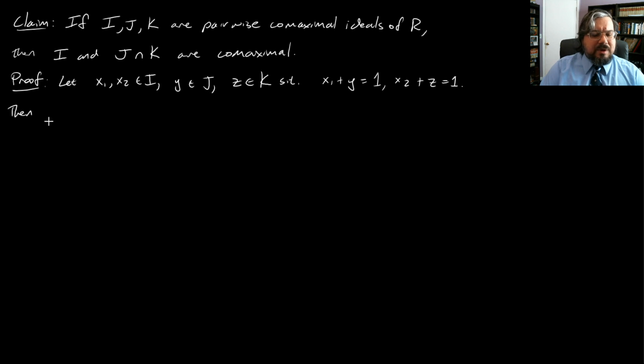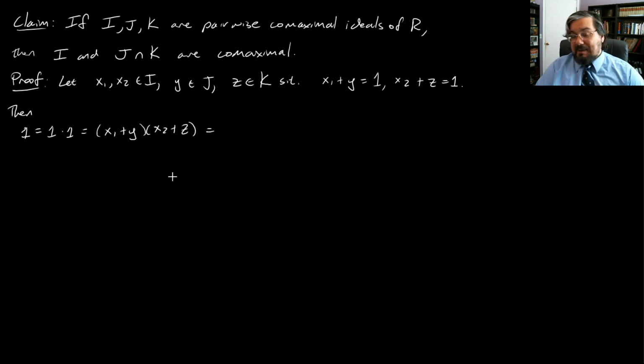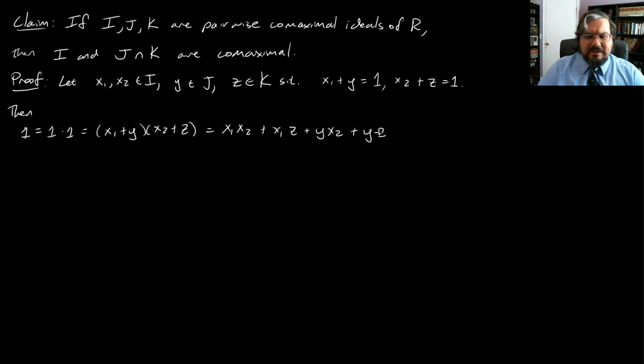Then we can note that 1 is, of course, 1 times 1, which is (x1 plus y) times (x2 plus z). Now, if we expand this all out, we get x1x2 plus x1z plus yx2 plus yz.